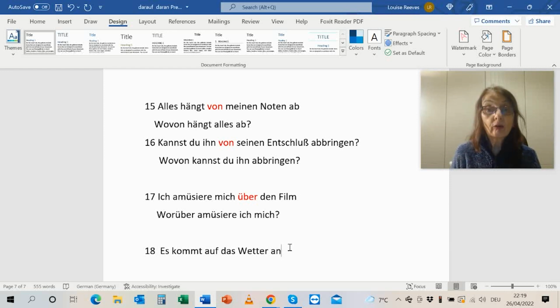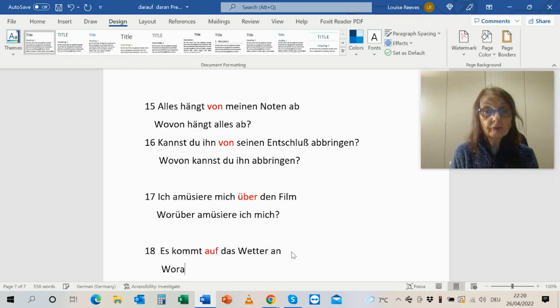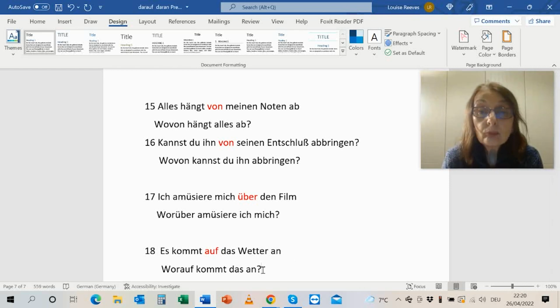It depends on the weather. So my question word will have to include the auf, don't forget. Worauf kommt das an? What does it depend on? Es kommt auf das Wetter an.